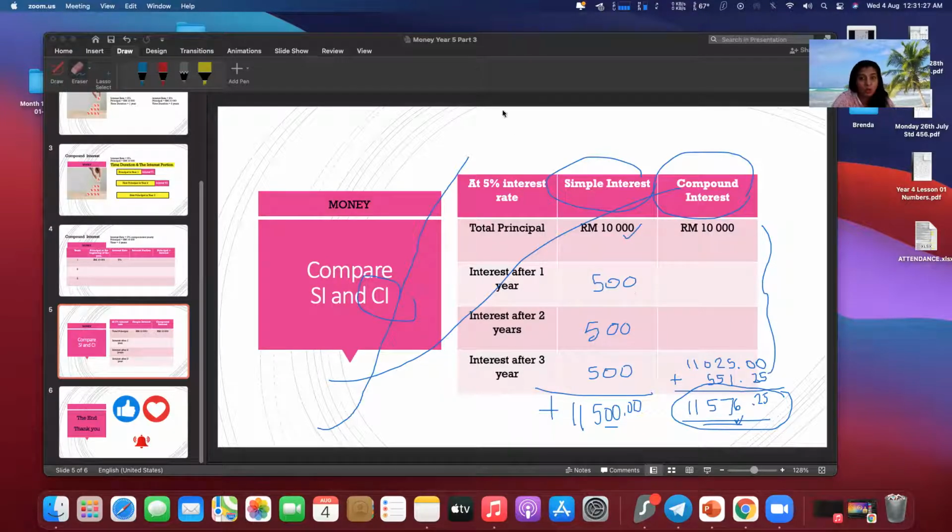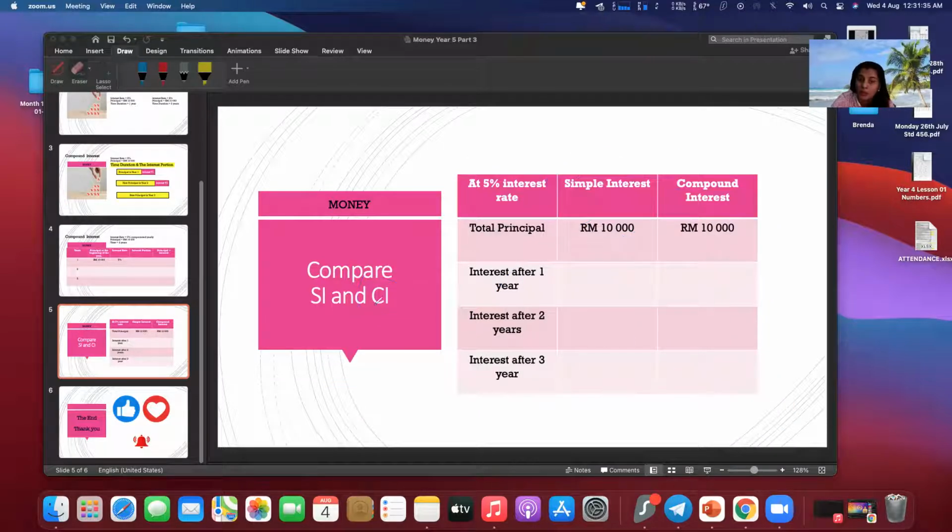And this is also the exact method how credit cards can actually kill you, because you get to pay interest on interest, interest on top of interest. So compound it in a good way, you become rich. If you don't know how this works, then you are going to be a victim of credit cards.